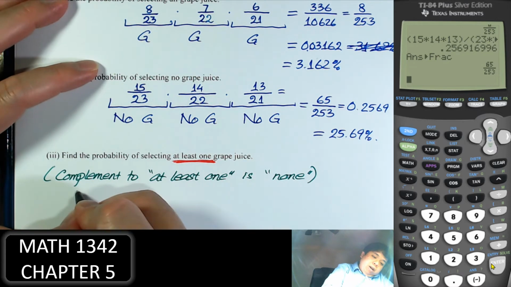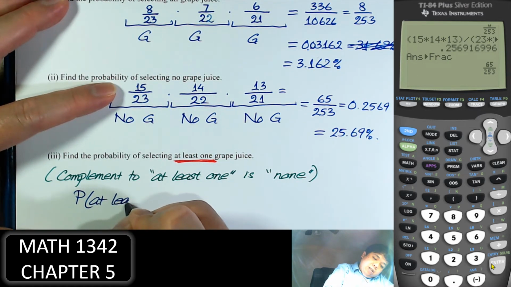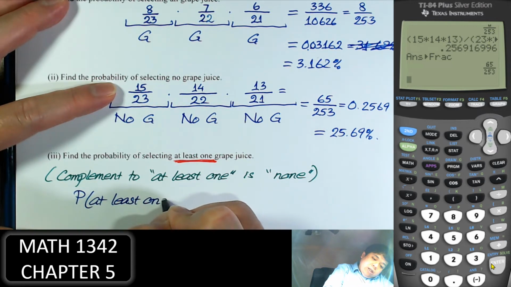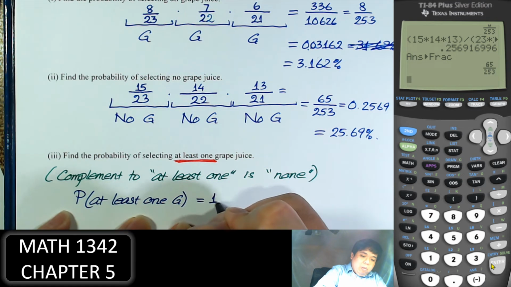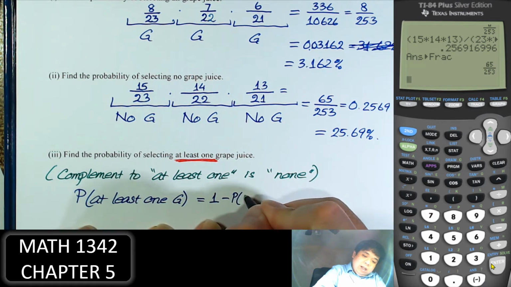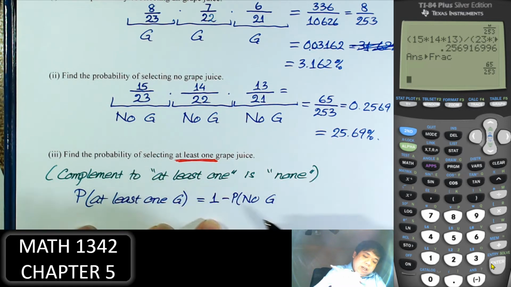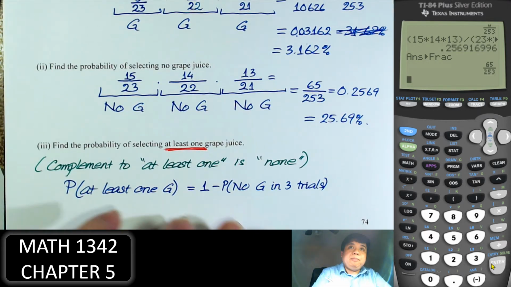So the probability of getting at least 1G is equal to 1 minus the complement of that, which is probability of getting no G in 3 trials. Yeah, because we select 3 cans.